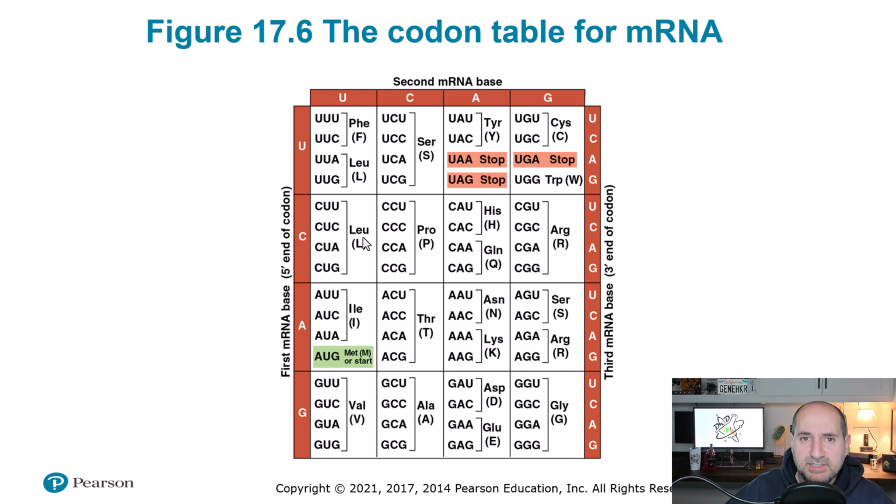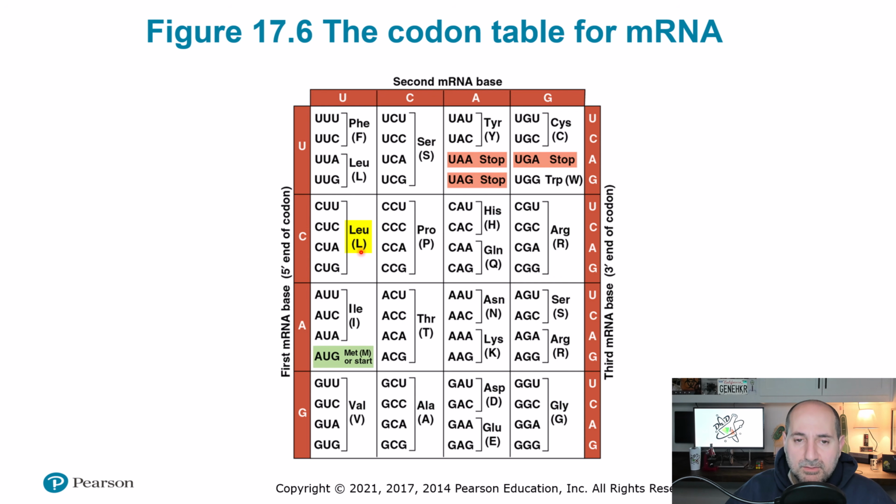Well, take a look and see. Did you know that you can have more than one word, more than one codon, coding for the same amino acid? So for instance, look at leucine: CUU, CUC, CUA, and CUG. All of these codons code for leucine, the amino acid.